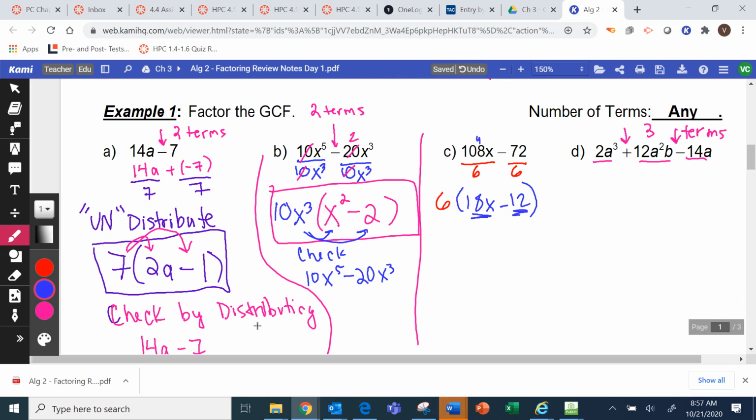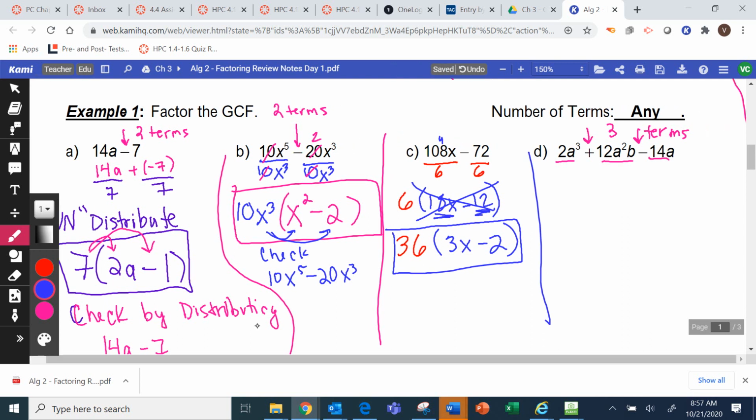I didn't take out the greatest number. So we try 36. And that's going to give me 3x minus 2. Does 3x and minus 2 have anything in common? No, so this must be the greatest factor.